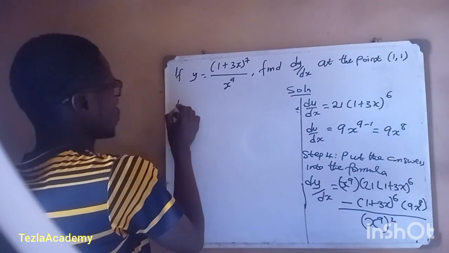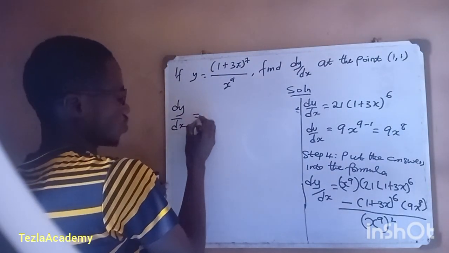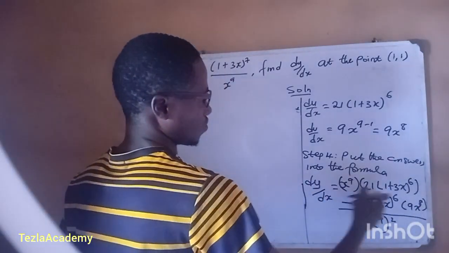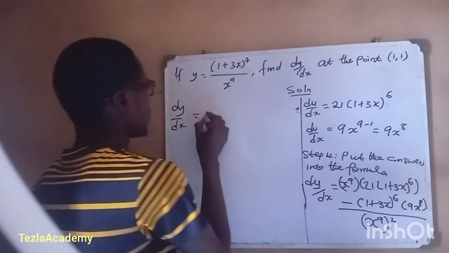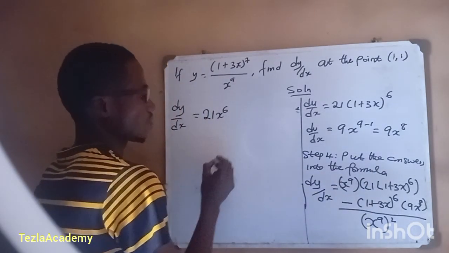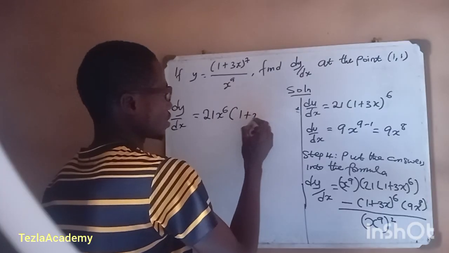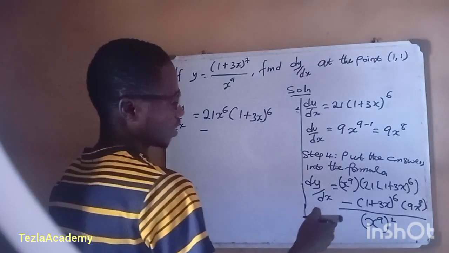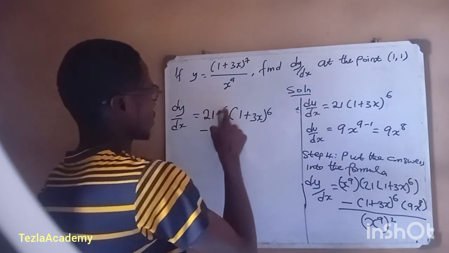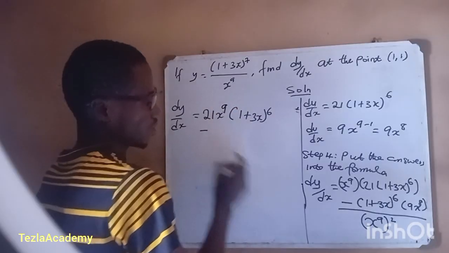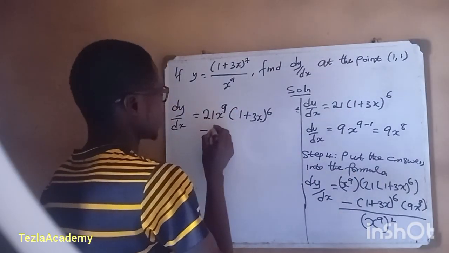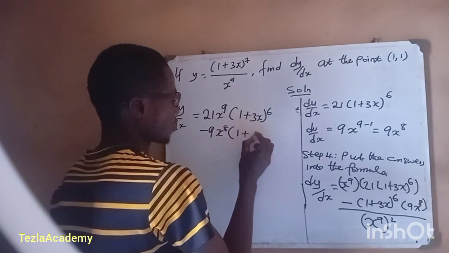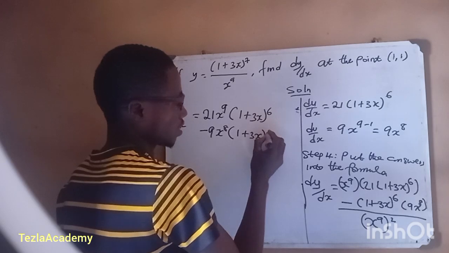So moving forward, dy/dx is equal to, let's put a bracket here so that these two will match. This is multiplied by 21 x to the power 9, (1 plus 3x) all raised to the power 6, then minus 9x to the power 8 (1 plus 3x) all to the power 7.